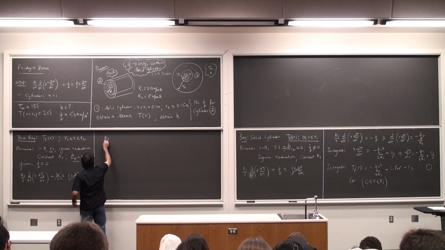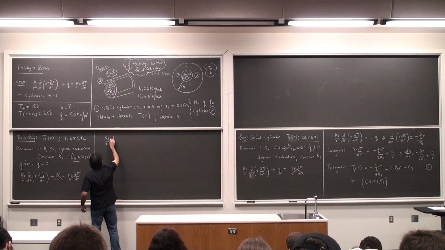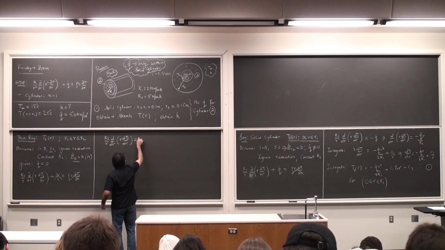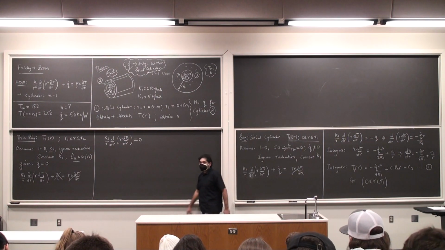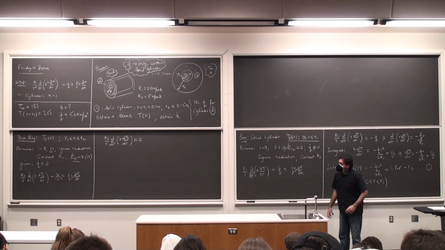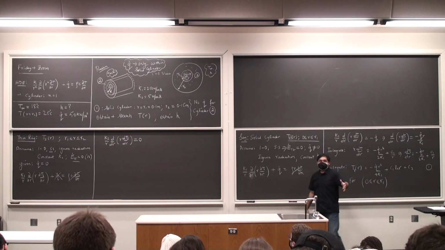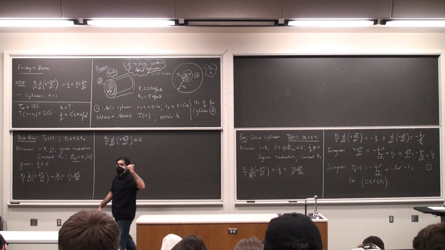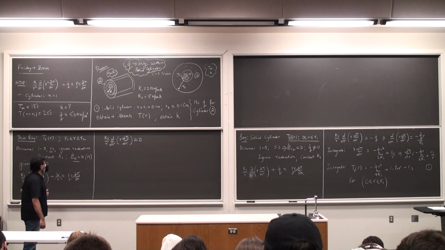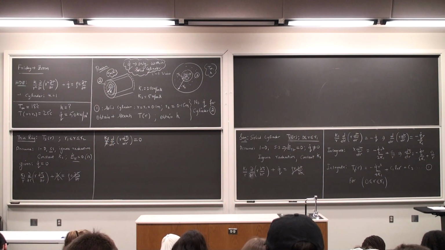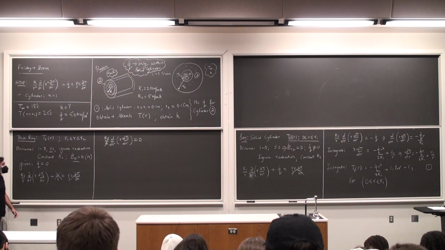So K2 by r, d by dr of r dT2 by dr is 0. K2 is a constant. I can take K2 divided by r, bring them onto the side of the 0, so I can essentially get rid of them without any loss of generality. Integrate once, integrate twice.